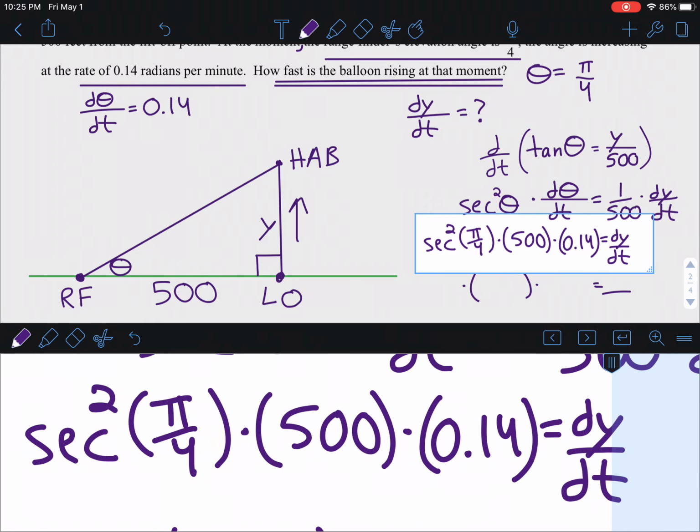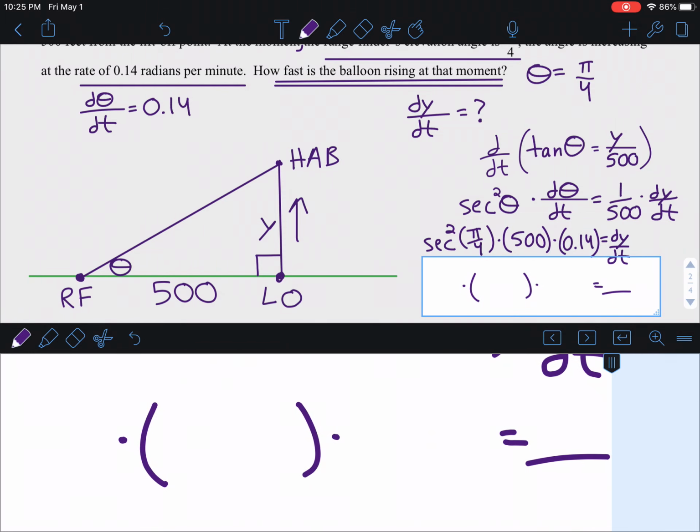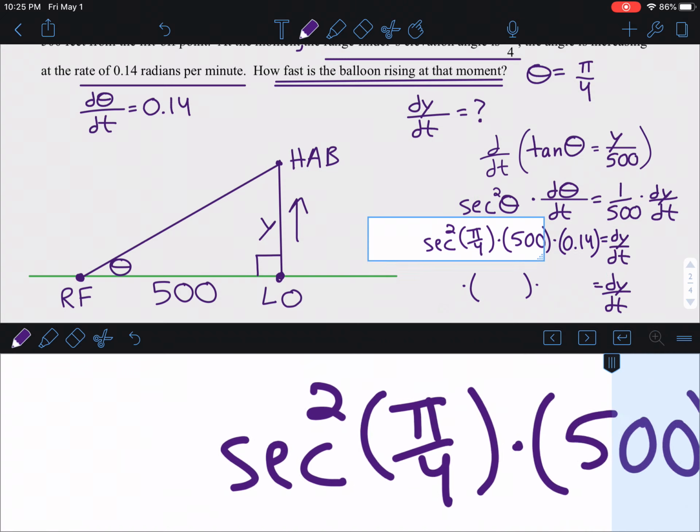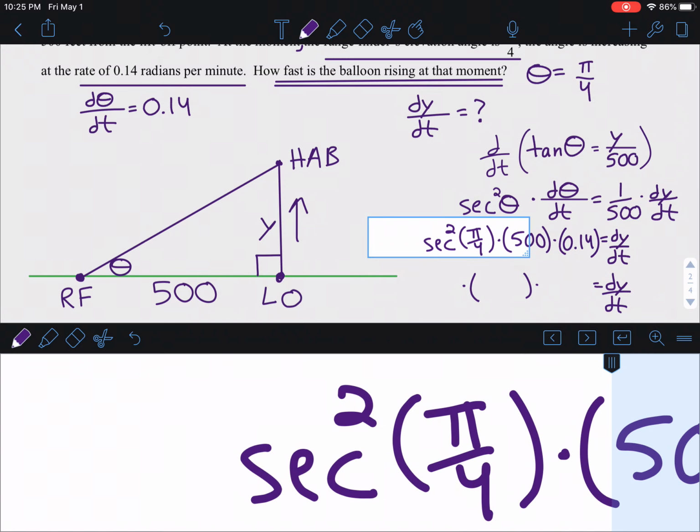Okay, and so dy dt is already isolated, which is good. That's the rate I want to solve for. And now let's think back to trig here. Secant of pi over 4 is the reciprocal of cosine of pi over 4. So cosine of pi over 4 is root 2 over 2. Take the reciprocal, we get just root 2.